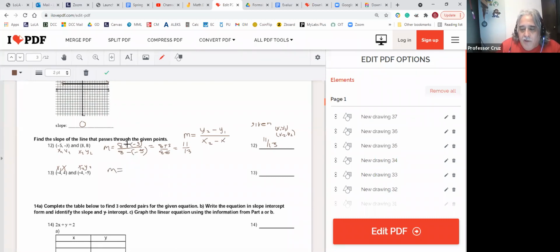Now, just like with this one right here, the negative signs here are built into the formula. So if you have negative signs over here, you've got to take those into account. You can't ignore them. So that's -5 minus, that's built in, -4. And down here it's -4 minus a -4.